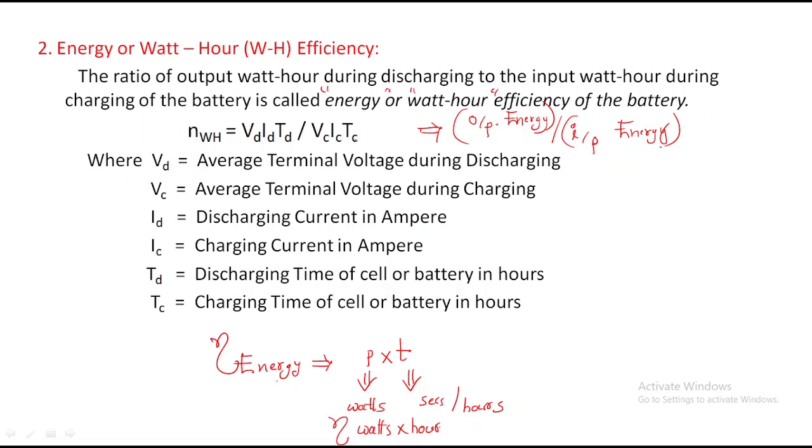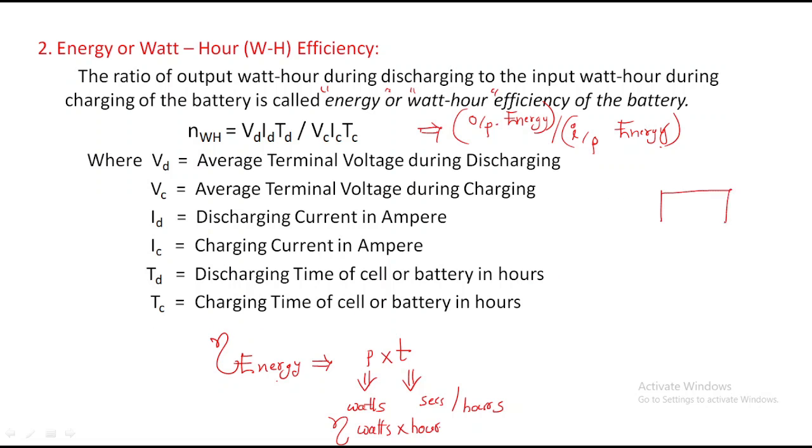VD is the average terminal voltage during the discharging and VC is the average terminal voltage during the charging. ID and IC are the discharging and charging currents in amperes, and TD and TC are the discharging and charging times in hours.